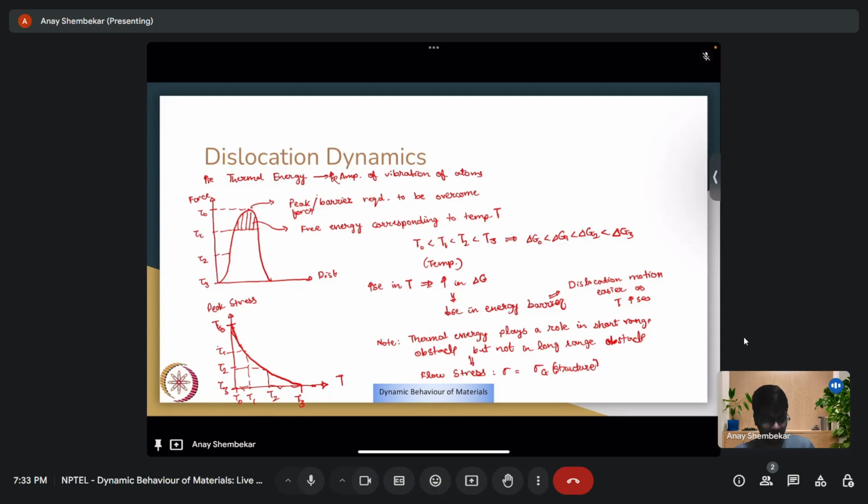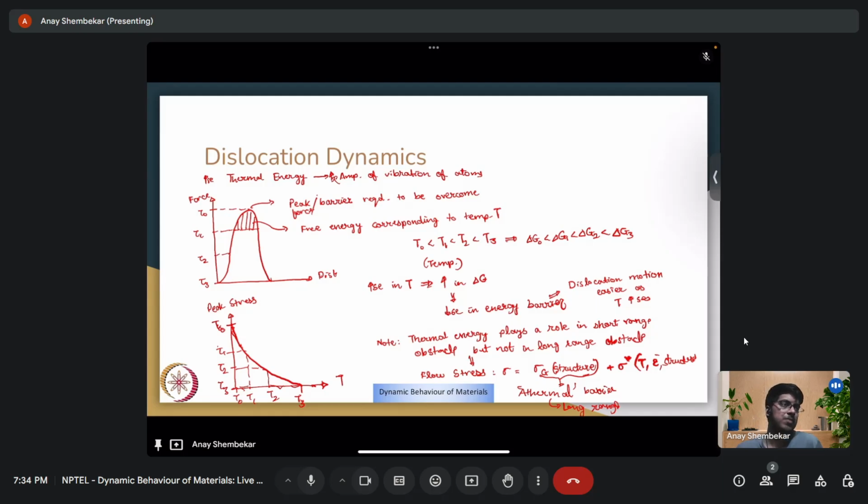Rather, it's a function of structure, sigma star, temperature, strain rate, and structure. This is the athermal barrier. It depends on long range obstacles.